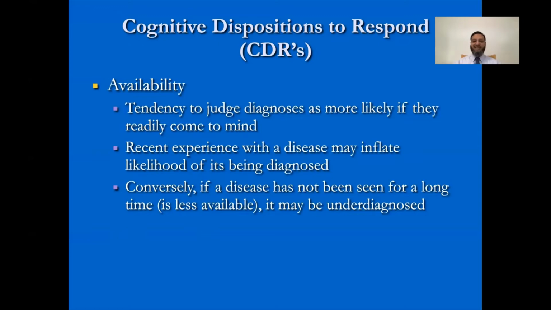But maybe the patient is actually in CHF, in heart failure, and is having the wheezing and respiratory distress related to that. So you might miss that diagnosis because that's not what you're thinking, right? Or it's not a common diagnosis, so you haven't seen it in a long time, and then it doesn't pop into your mind when a patient presents with the symptoms of an alternative diagnosis. So that is availability bias.